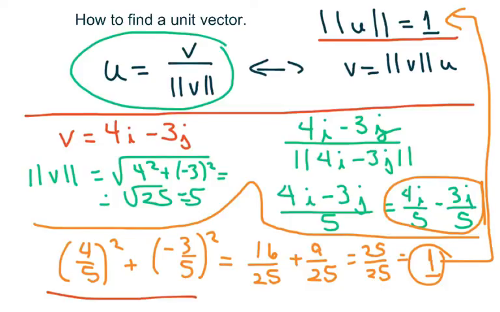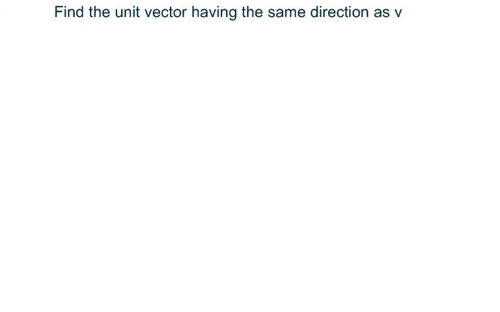So we're going to do 6 examples, trying to find a unit vector having the same direction as our vector. We start with v equals 5i.